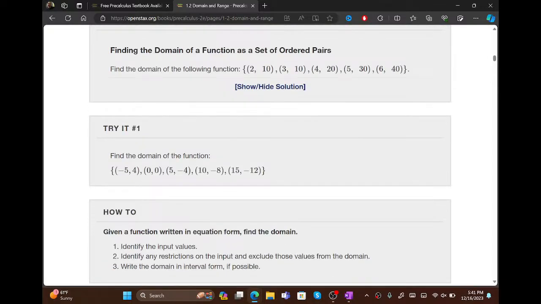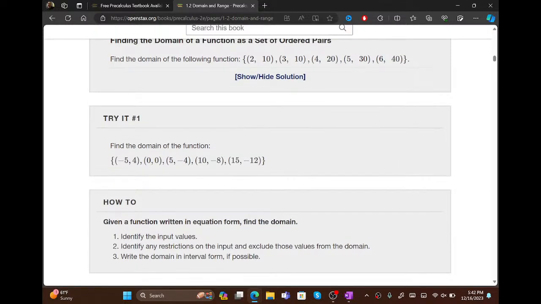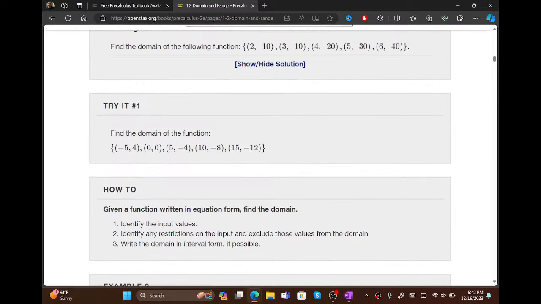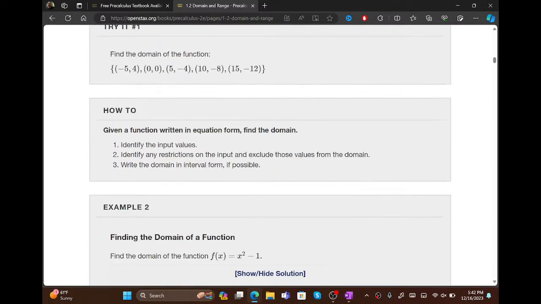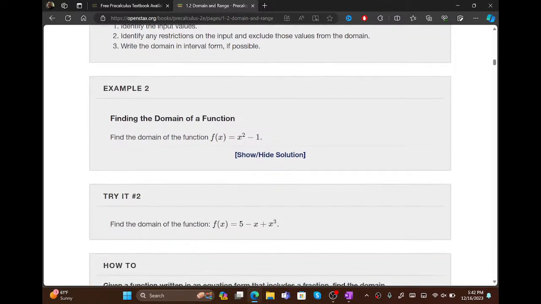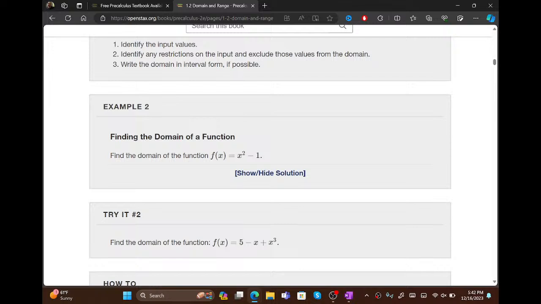I will say if you want to go ahead and try the next one on your own, here it is. It's the same idea. Now, we're going to go over example 2. For example 2, it says finding the domain of a function.